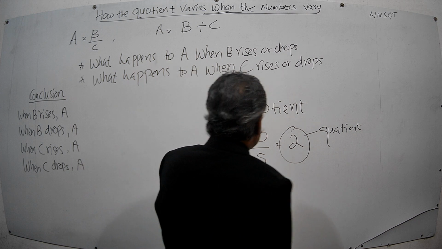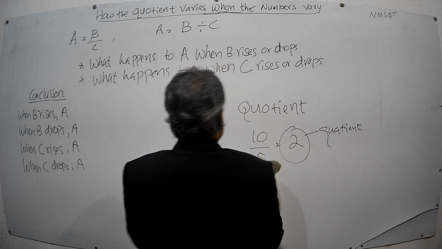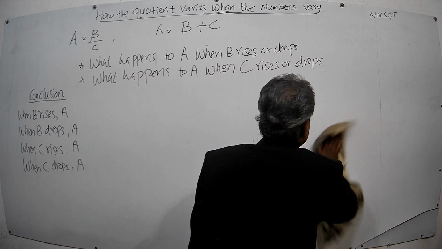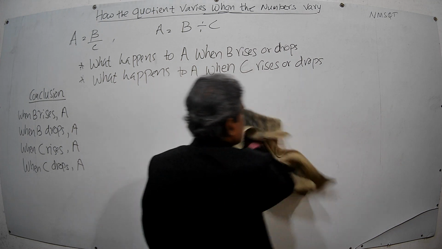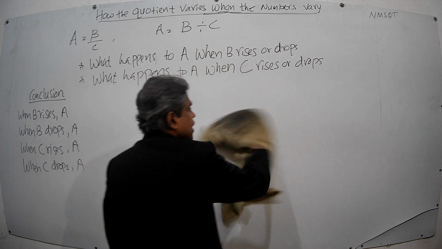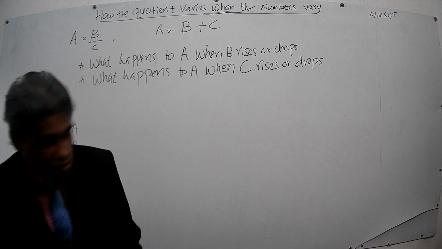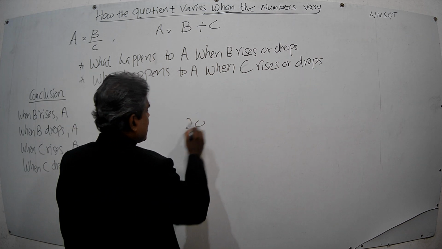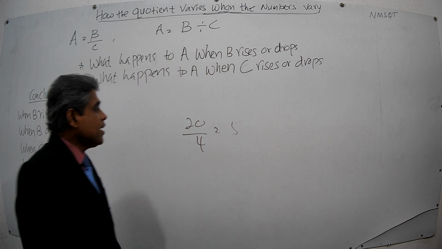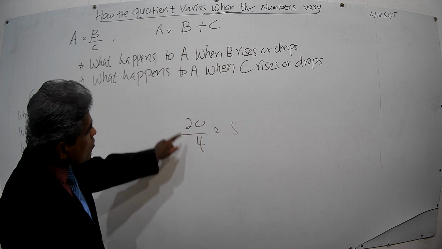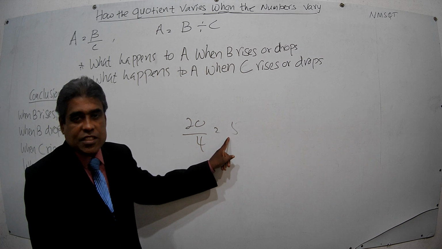Then we'll move on to see how the quotient varies when the numbers vary. Let's say you get two numbers, 20 divided by 4. Then the answer is 5. When these two numbers vary, this quotient answer varies.